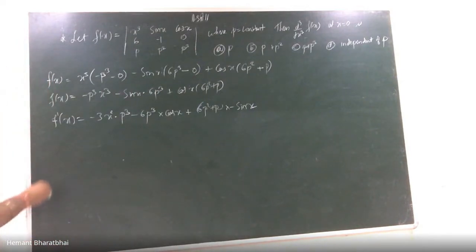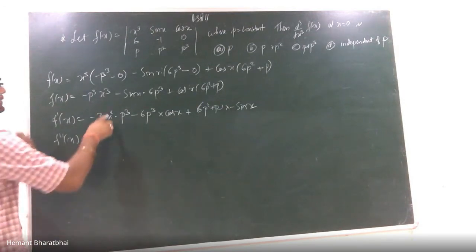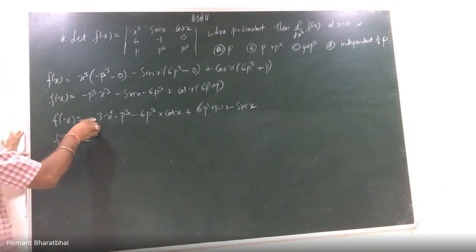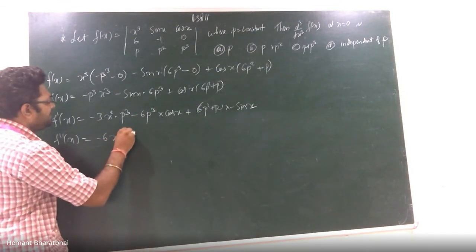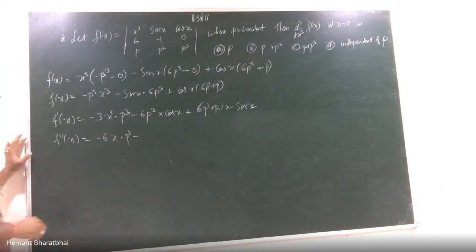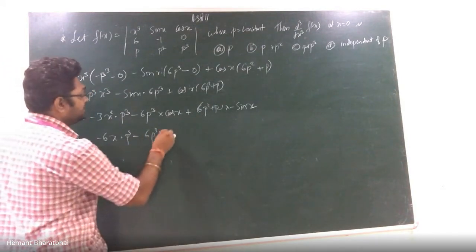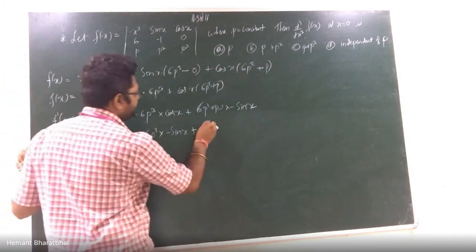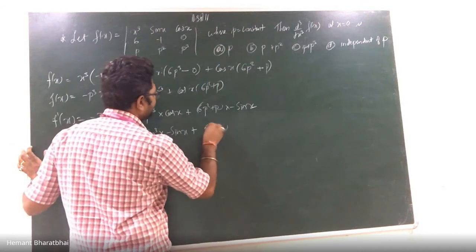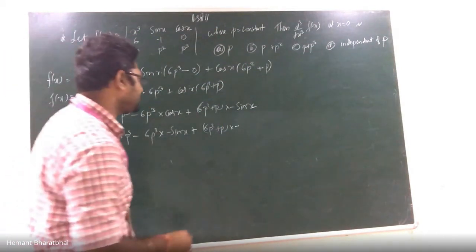Okay. Then f double dash of x, taking the derivative a second time. The derivative of x square will be 2x, so 3 into 2, that will give me minus 6x, p cube is constant, minus 6p cube, derivative of cos x is minus sin x, plus 6p square plus p into minus, derivative of sin x is cos x, so this will be cos x.